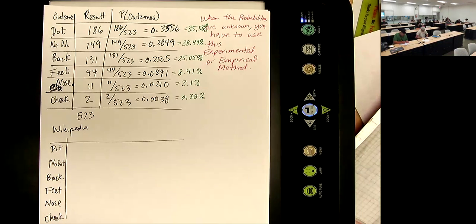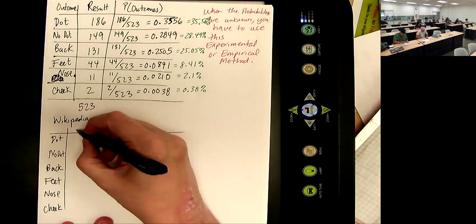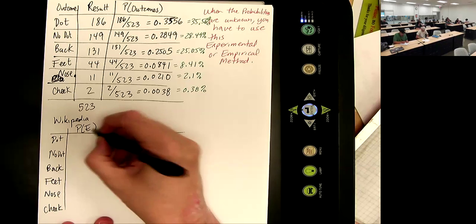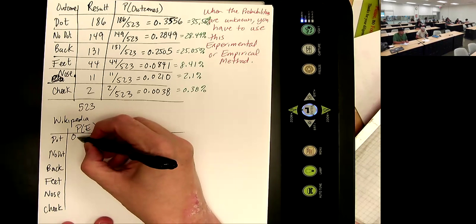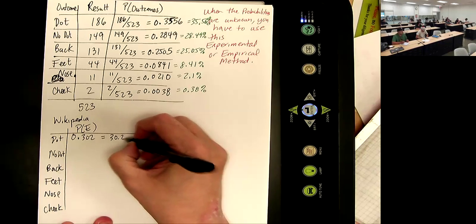Leaning jowler is a long list of things to type. The probability of dot is 0.302, or 30.2%.